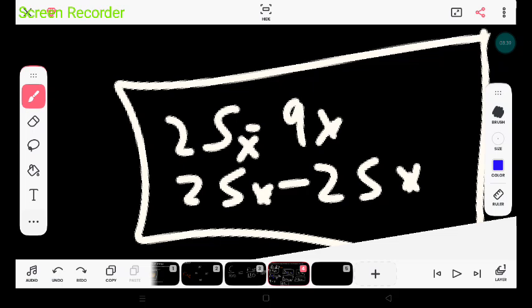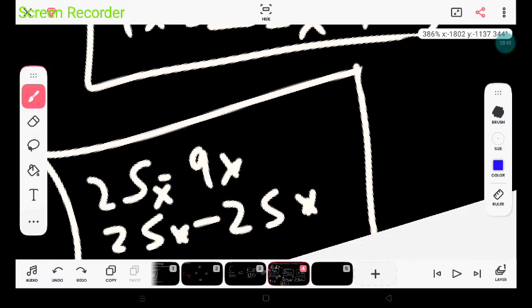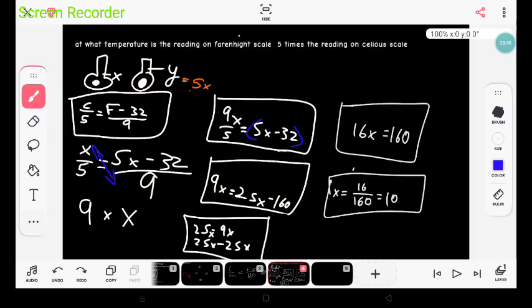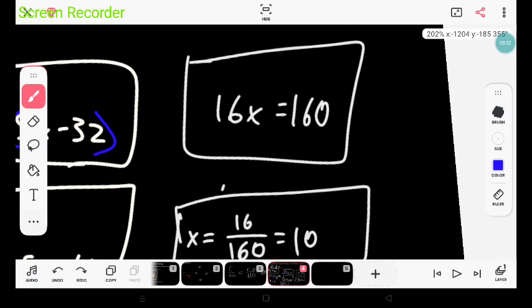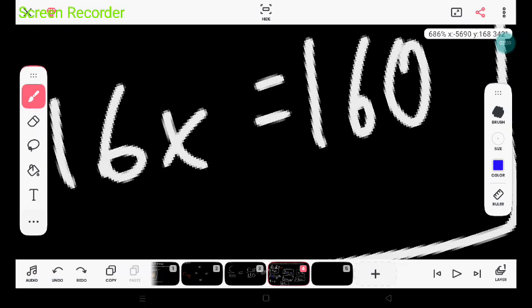Now, we have to subtract 25x by 9x and 25x. 25x minus 9x is equal to 16x, and 25x minus 25x is equal to 0. So now we got 16x is equal to 160.